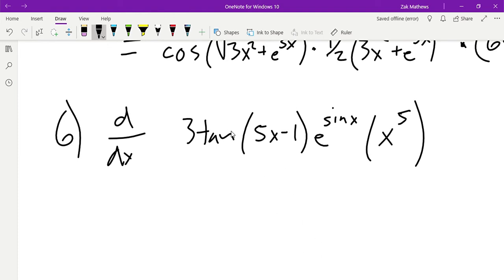So we have 1, 2, 3 different products in this case, and within those products we have some more chains.